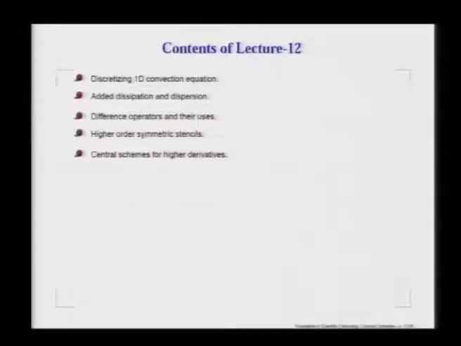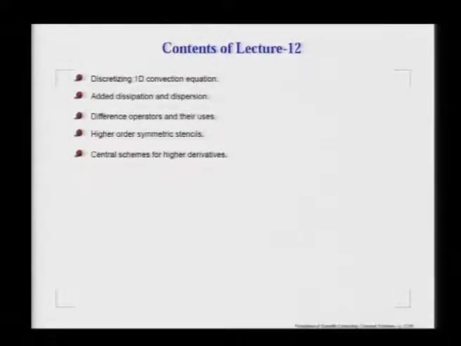We will continue our discussion on discretization in lecture 12. What we are essentially going to do is display the various concepts by taking up an example of the 1D convection equation. This is the most elementary equation that one can talk about.